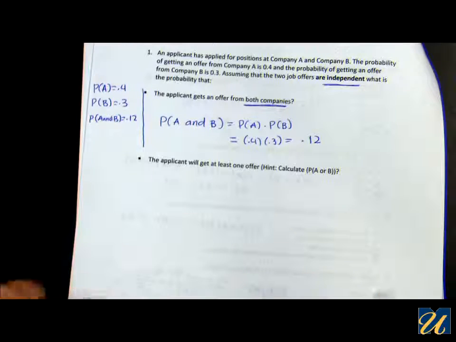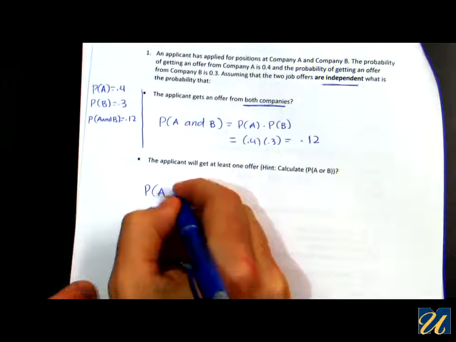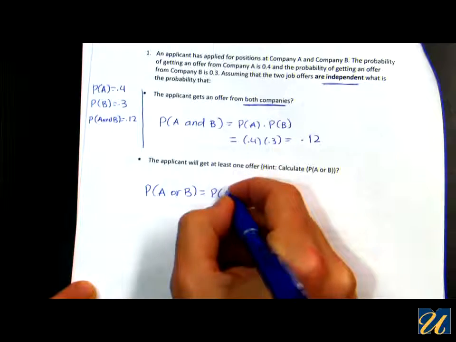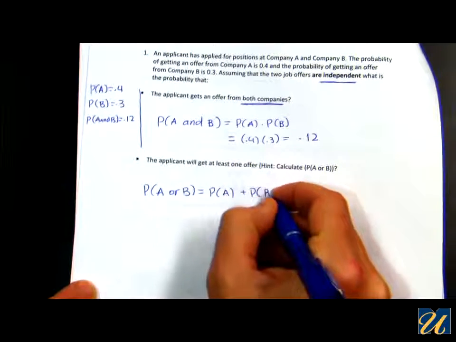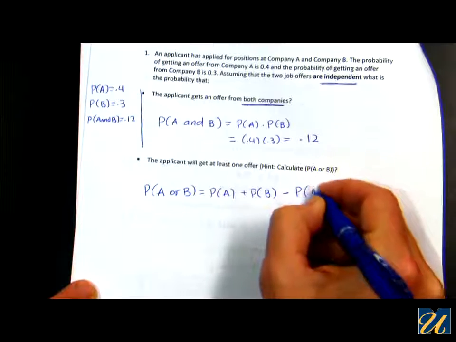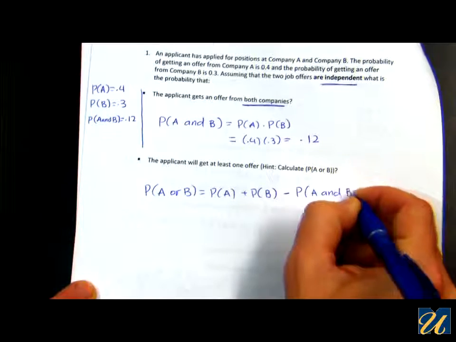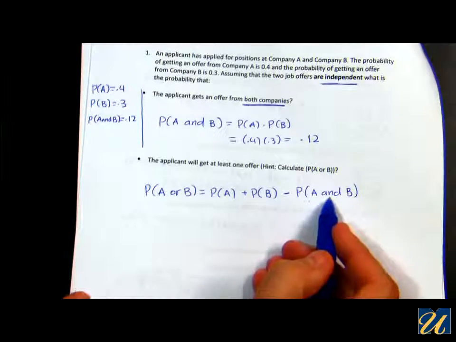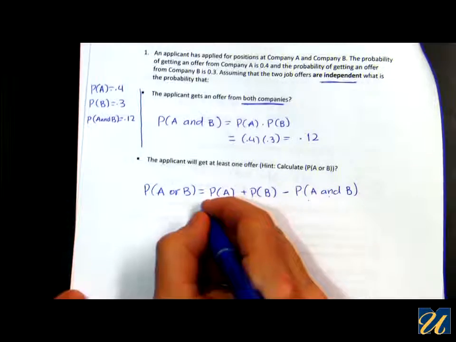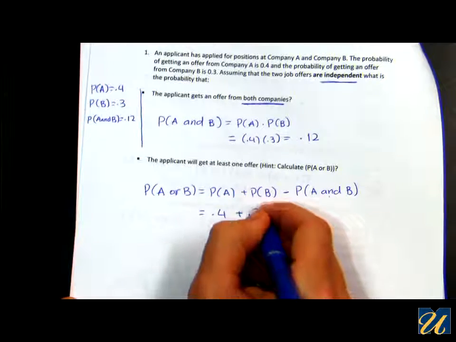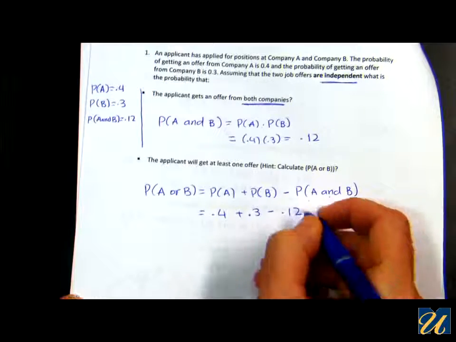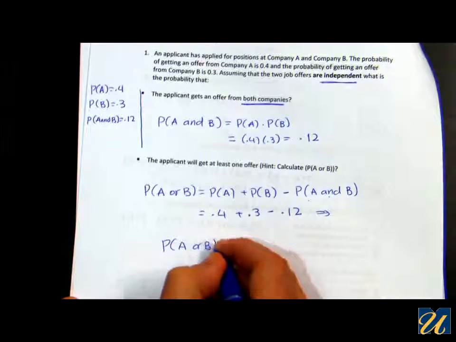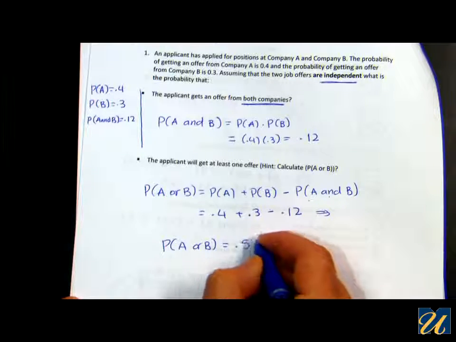So, the probability of A or B will be equal to the probability of A plus the probability of B minus the probability of A and B. We know now all three probabilities, so we just plug in the numbers. 0.4 plus 0.3 minus 0.12. Therefore, the probability of A or B will be equal to 0.58.